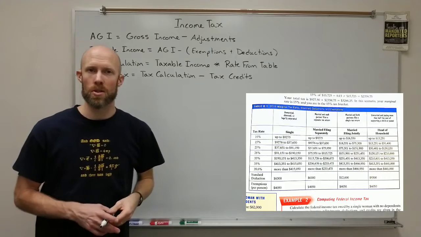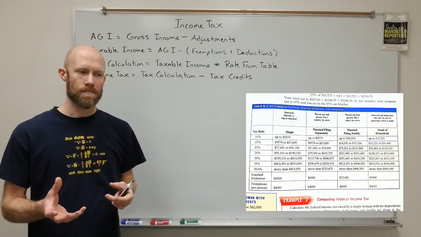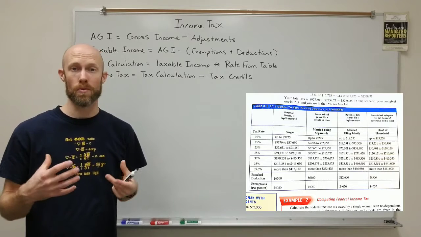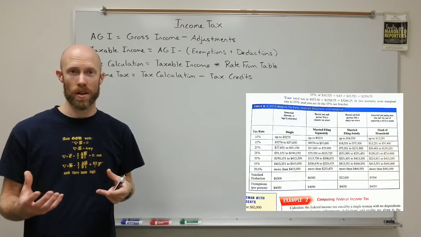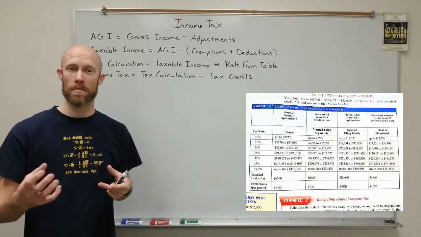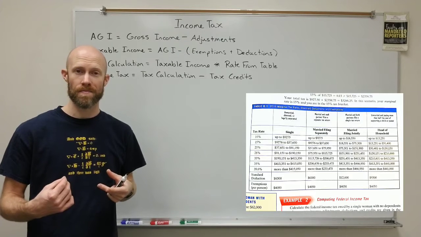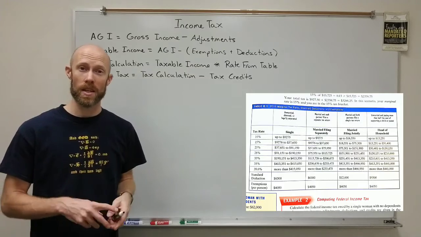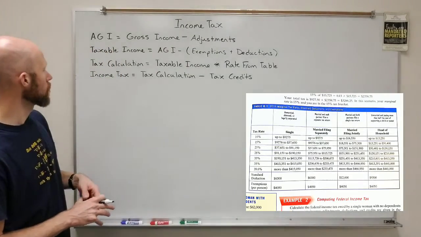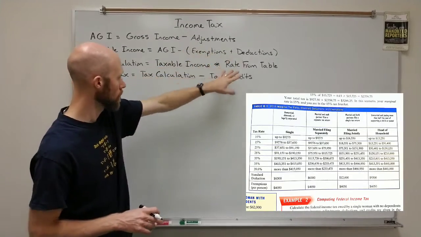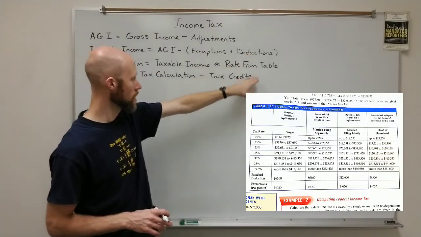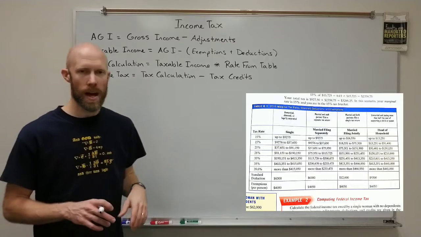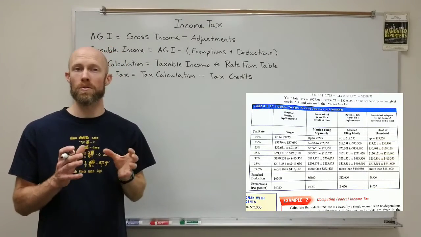Now what's interesting is you do get some federal income tax taken out of your paychecks. Basically, it's the government saying, we're going to hold on to some of this money so that we know we get paid. And then at the end of the year, you go through and determine all these other things, your adjustments, exemptions, deductions, the rate, and your tax credits, and then you come up with a new value.